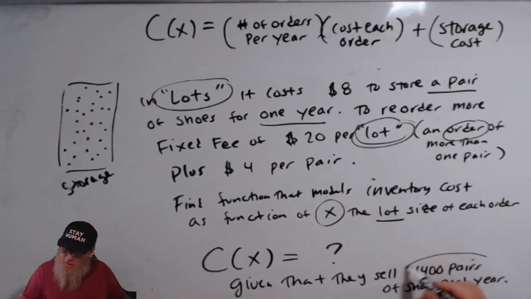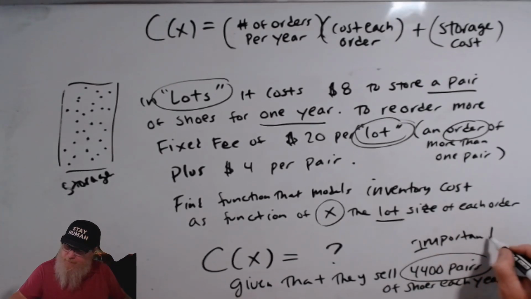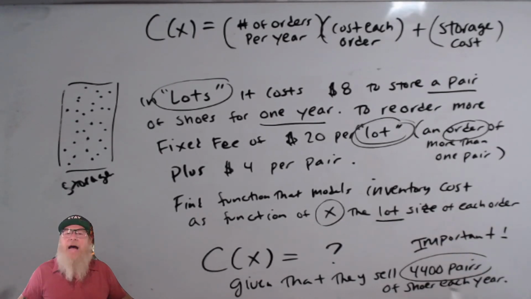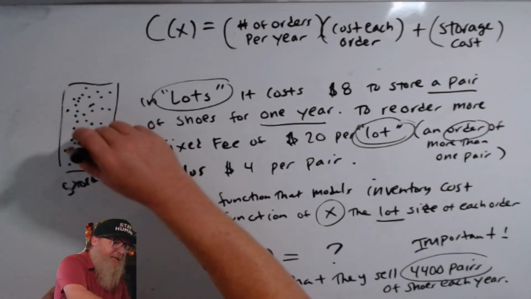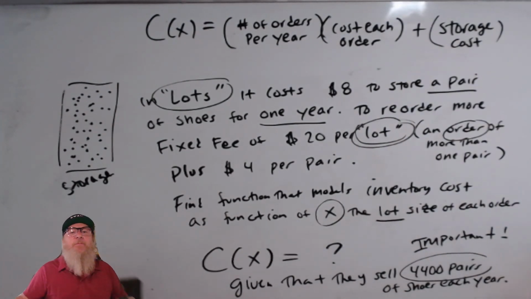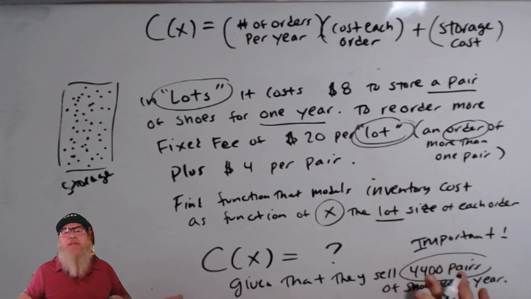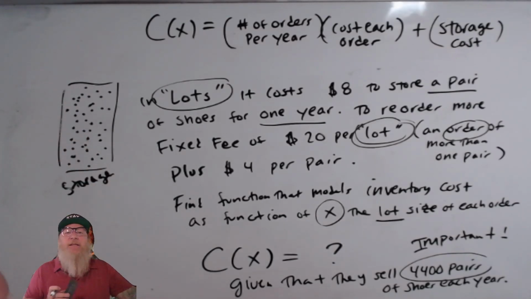So this is super important. I got to know how much they're selling. That's going to tell me how many pairs of shoes I'm going to need to keep in my storage, right? It's important that I know that. If I don't sell very many shoes, I don't need a lot of shoes in storage. And that's the worst diagram I think I've ever drawn.